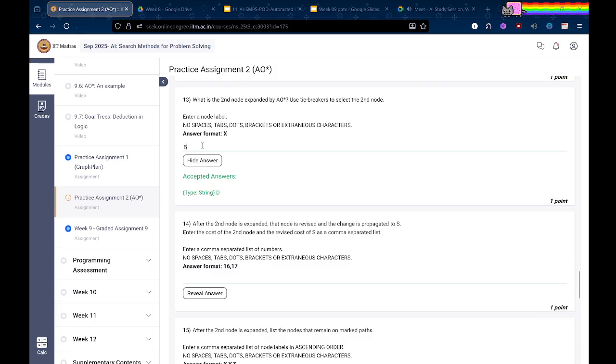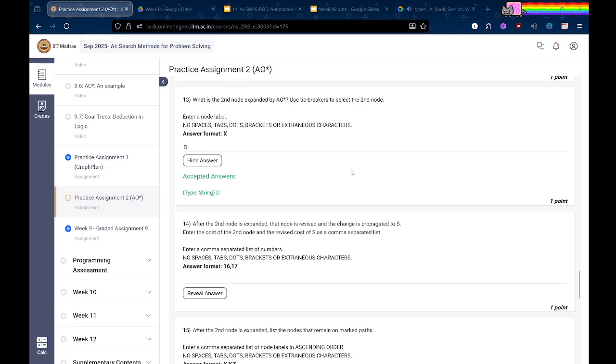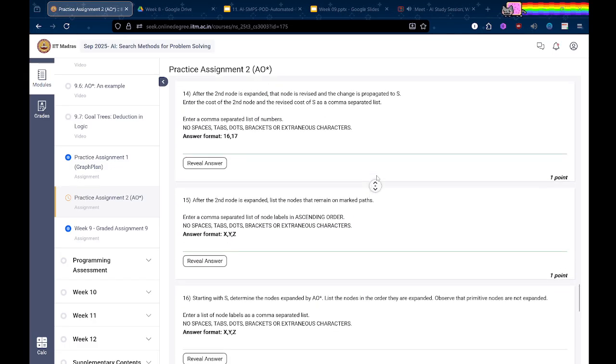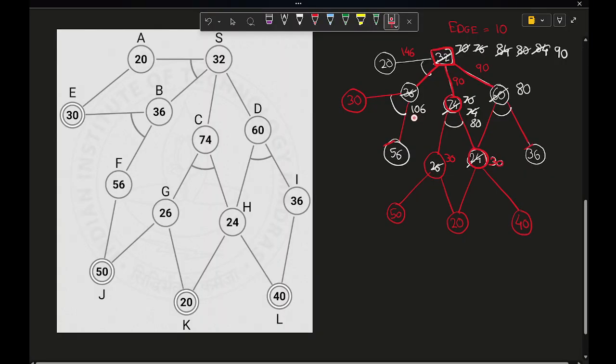Okay, so after D, F is the first expanded node, then D. Oh, I forgot that. After the second node is expanded, that node is revised and the change is propagated to F. Enter the cost of the second node and the revised cost of F as a common list. Okay, so it changes to 60, right?